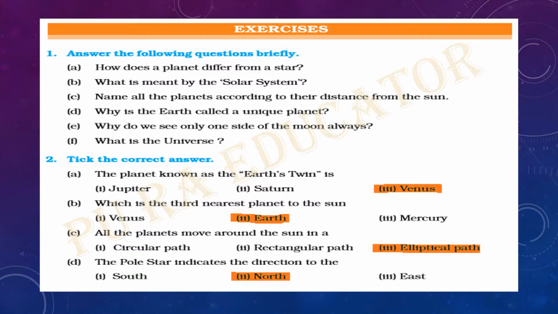All the planets move around the Sun in an elliptical orbit. Fourth one is, the polar star indicates the direction of the north. The Pole Star is present on the north pole, and so it denotes the north direction. Now we'll see the third part of the exercise.